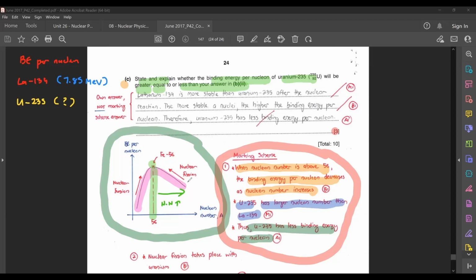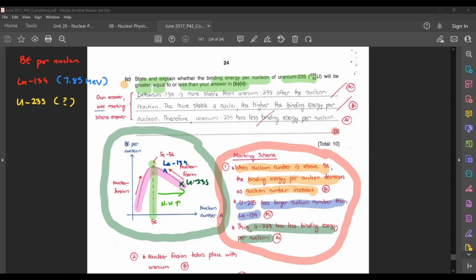And then you see that uranium-235 is probably here, and lanthanum-139 is probably here.